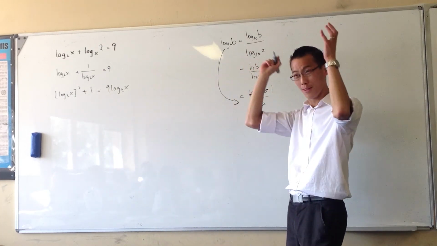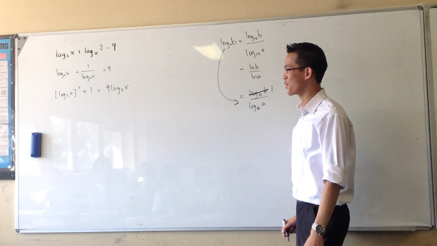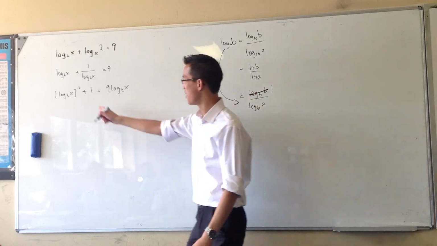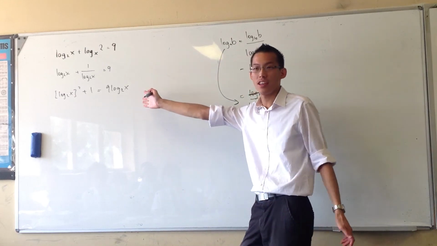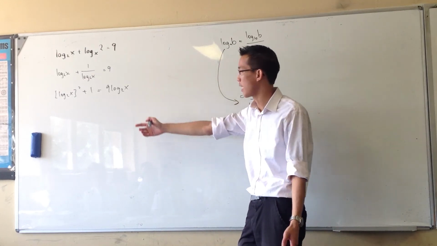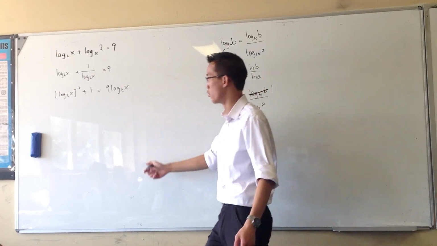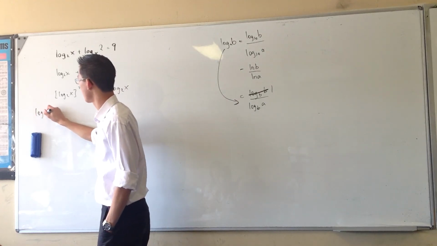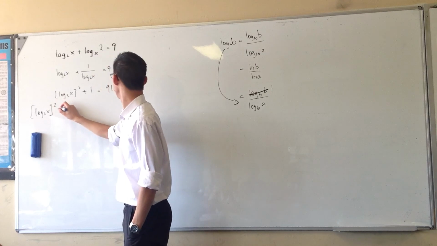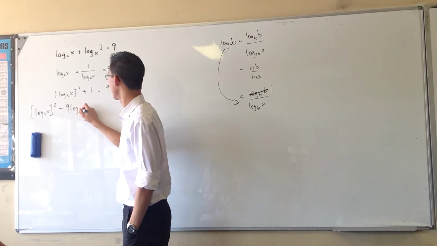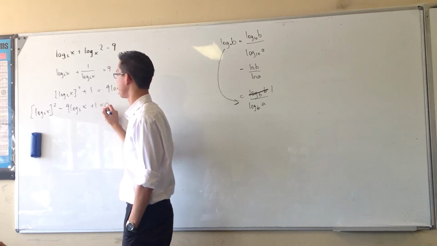And you thought there must be some log law that I'm forgetting, or you used some other log law in the wrong way, like maybe you put this 2 out the front, which doesn't work. Okay? The key is to actually leave it like that. Okay? This is a quadratic equation. It'll make it a little more obvious. You've got log base 2 of x squared minus that plus 1.